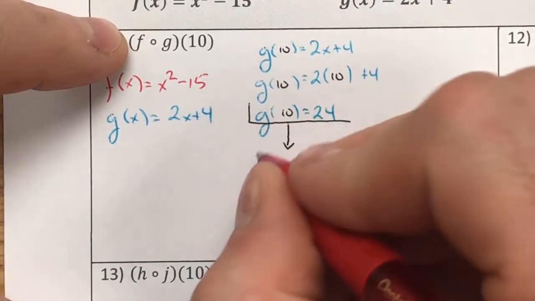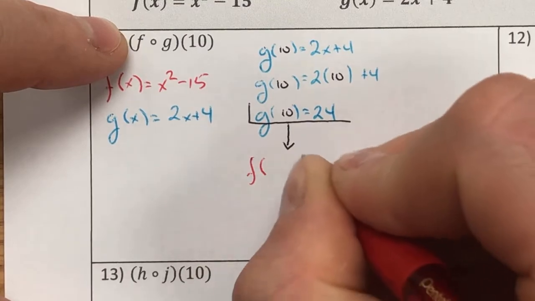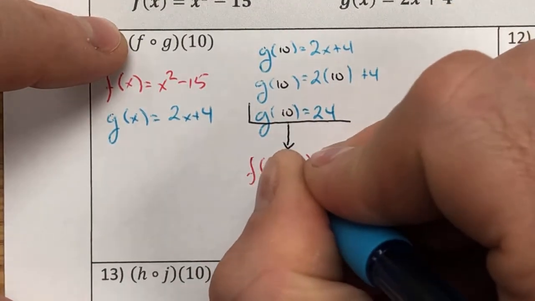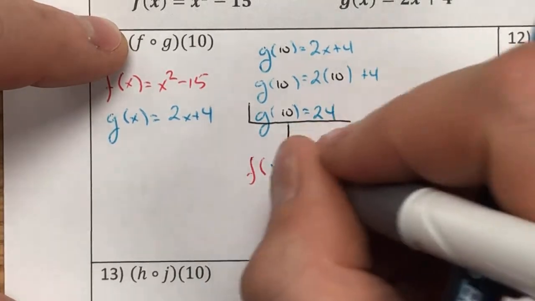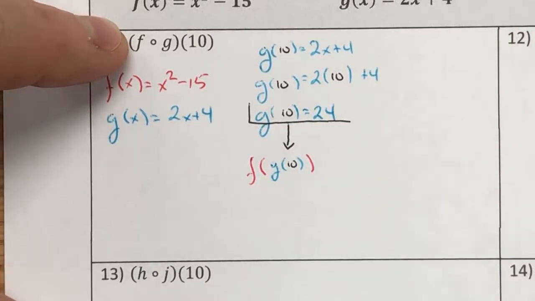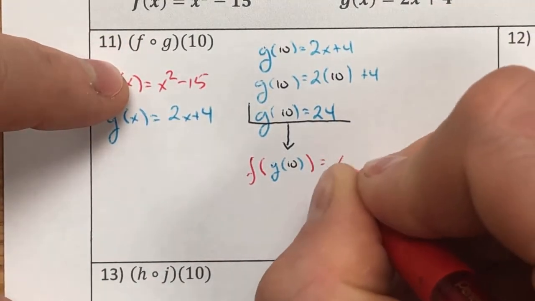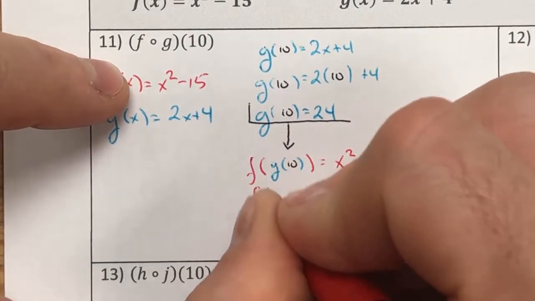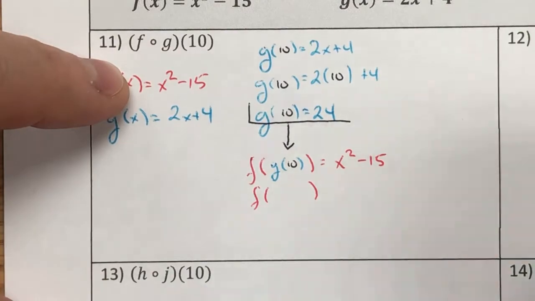And so let's go ahead and say my f of g of 10 is going to be f of 24. So what is f of x? Well, that is x squared minus 15. So let's take that f and plug in a nice old 24.